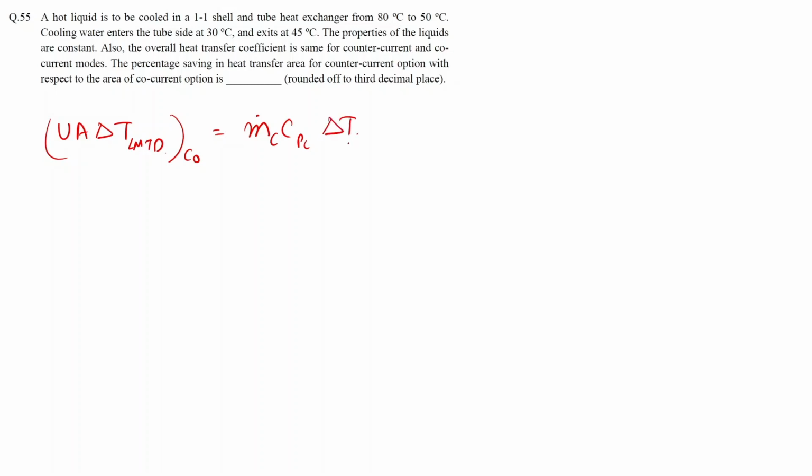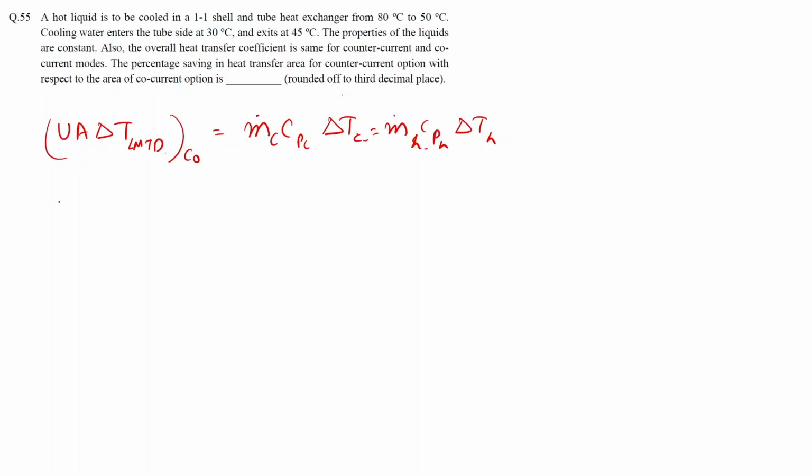So here delta T for the cold fluid will be 45 minus 30. Similarly, for the hot fluid, we can write this as delta TH, delta TC. Here delta TH will be 80 minus 50.